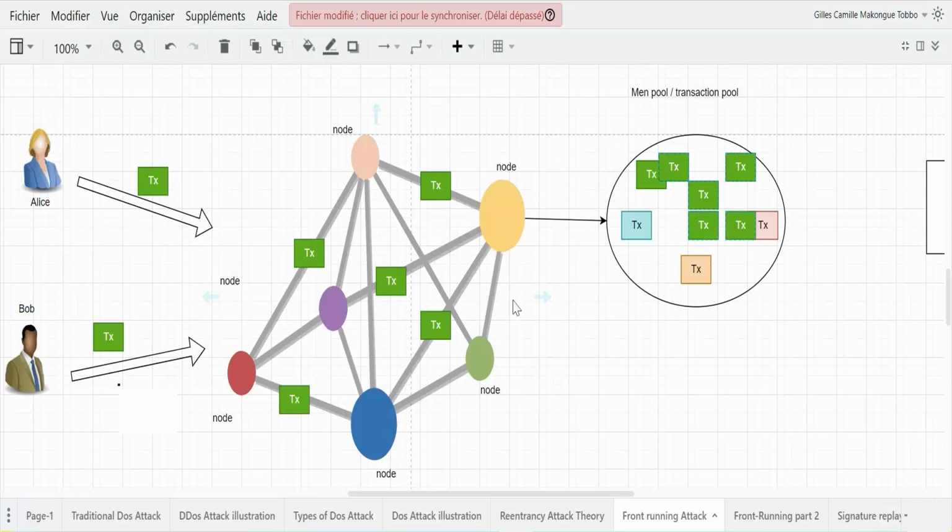Okay, so the first thing it can cause is what we call network latency. All the nodes are going to be less performant because they have to manage a huge number of transactions that they are not used to.